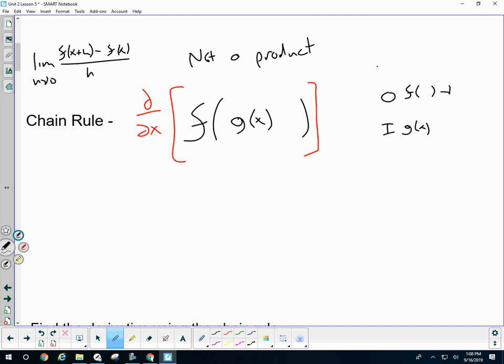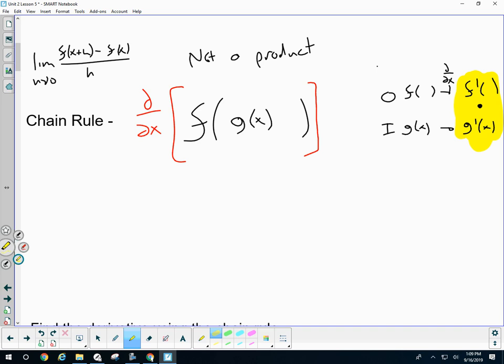We will take the derivative of both of those pieces that are being composed. The derivative of the outside, I'm just going to say, is f prime of stuff. The derivative of the inside is going to be g prime of x. If we take a product of the derivatives of those two composed functions, that, my friends, is the chain rule.